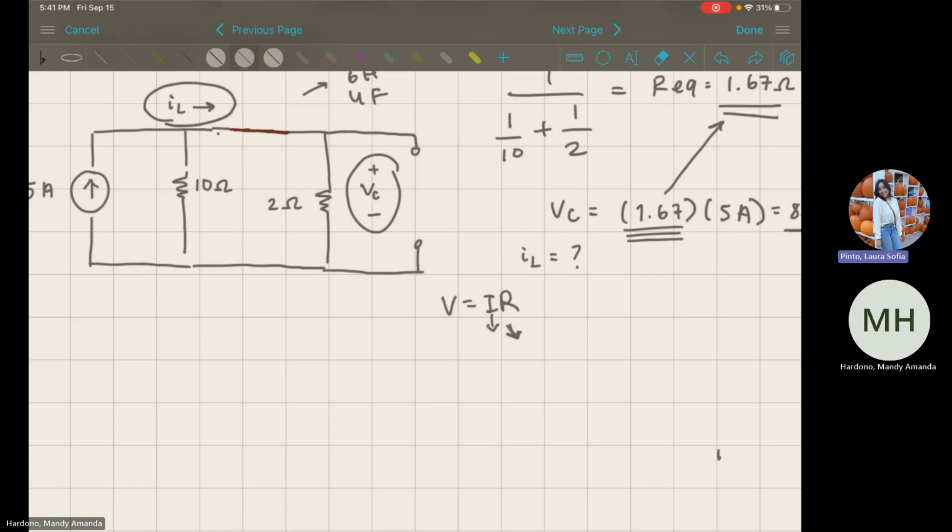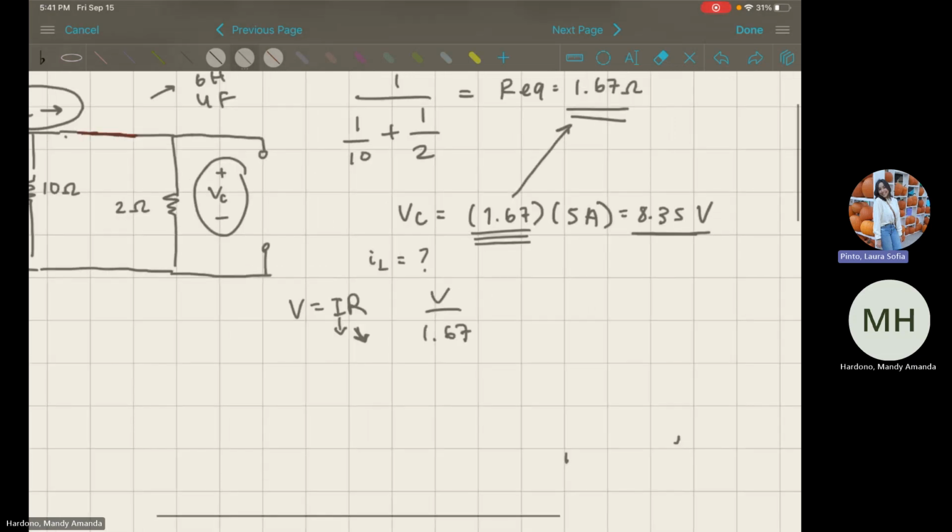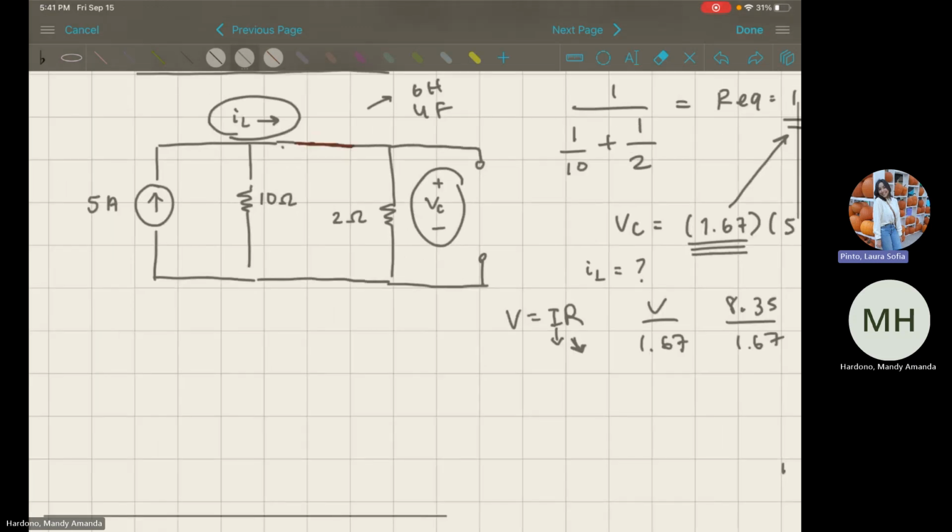So if we did V over 1.67, it would give you a total, because you're doing total voltage over a total resistance. But these aren't the same, so 5 amps isn't the same as current across the inductor.